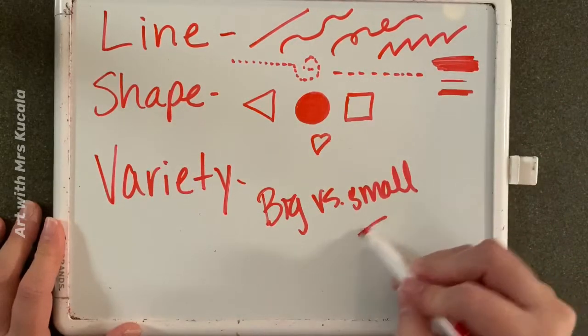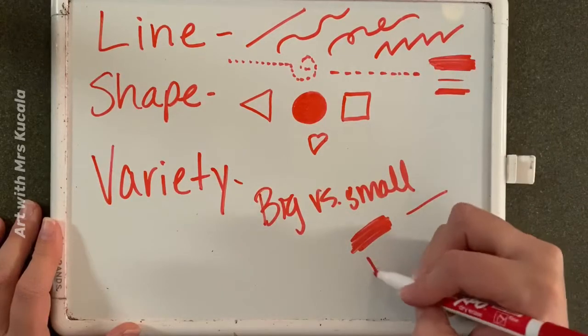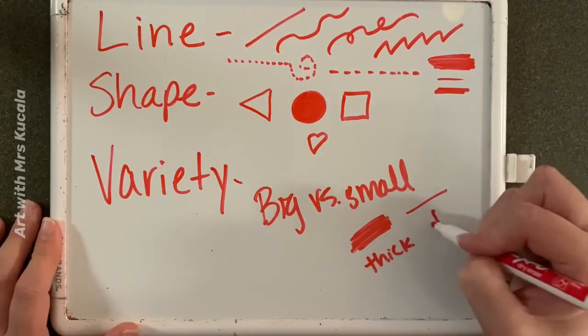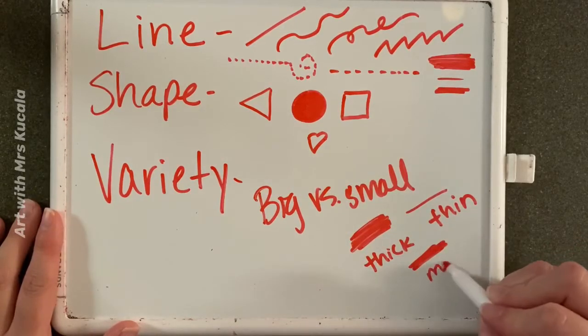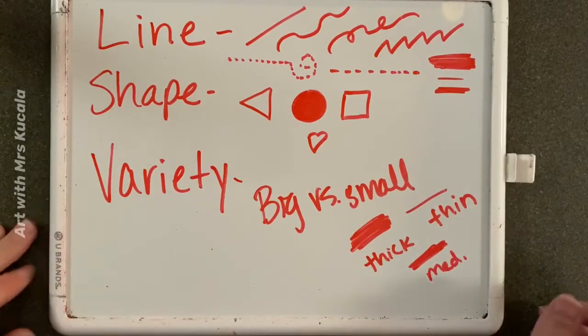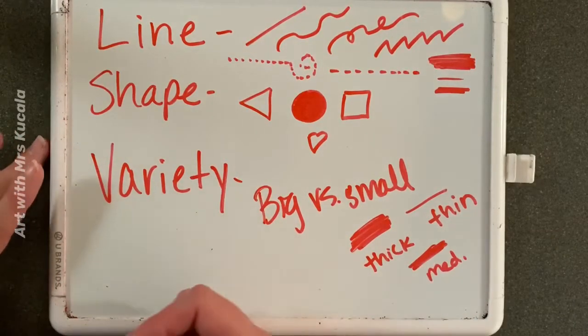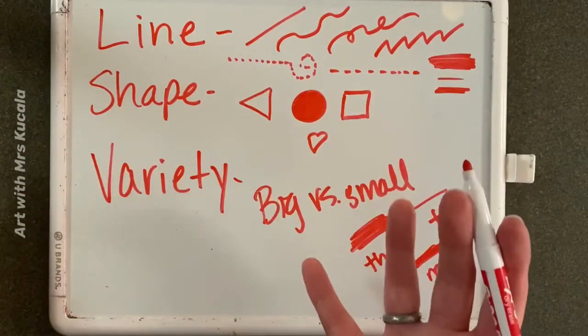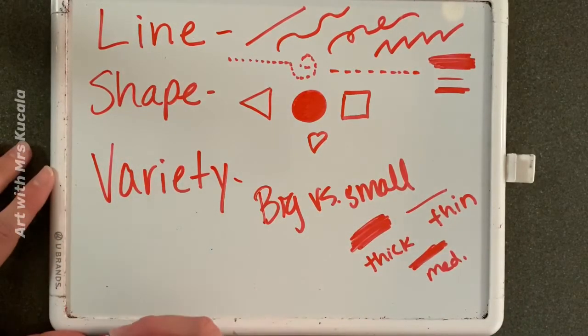Okay, so, something like a thick line versus a thin line. Okay, so thick, thin, and then medium. It can also describe a variety of color. So you could have a bunch of different types of color for a variety. You can also have a variety of patterns.